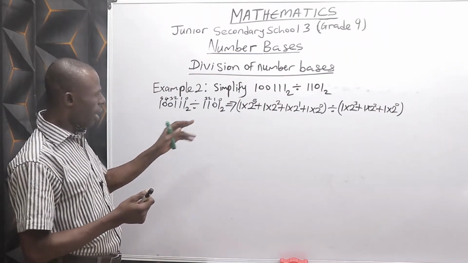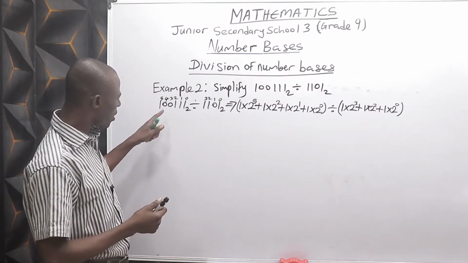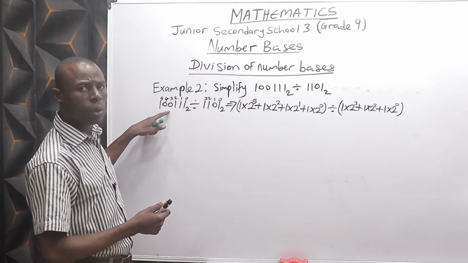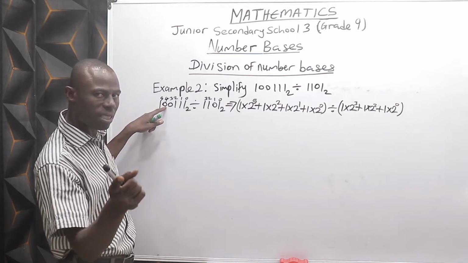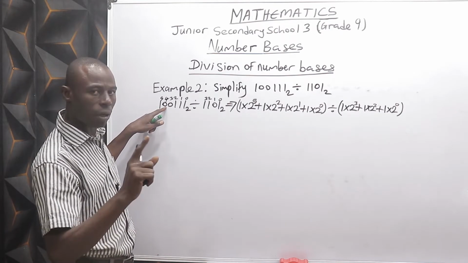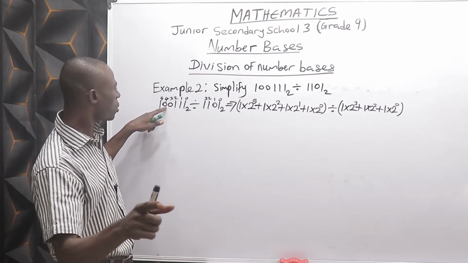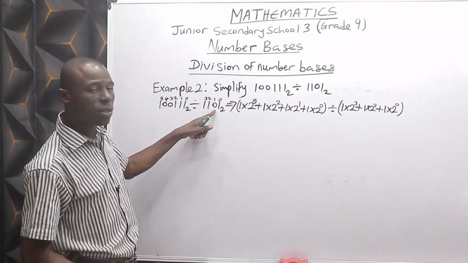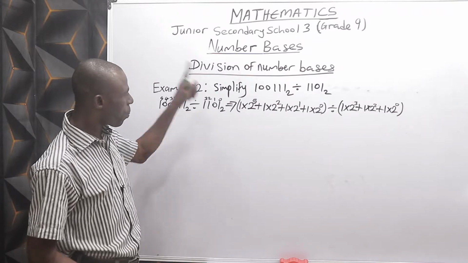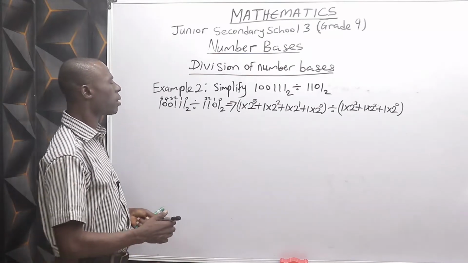If you look at it critically, you see that I skipped the zeros here. And once I skip any 0, I skip the power of that 0 alongside in order not to run into confusion. So the same thing I did here, I skipped this 0, and I skipped its power alongside as well.